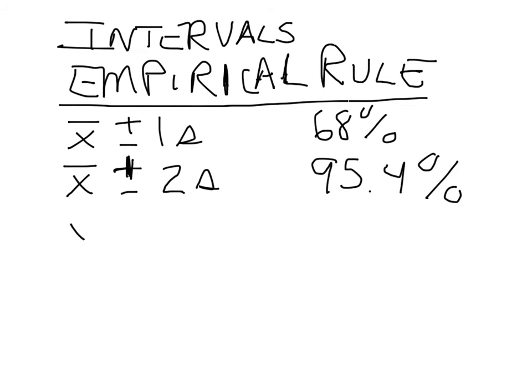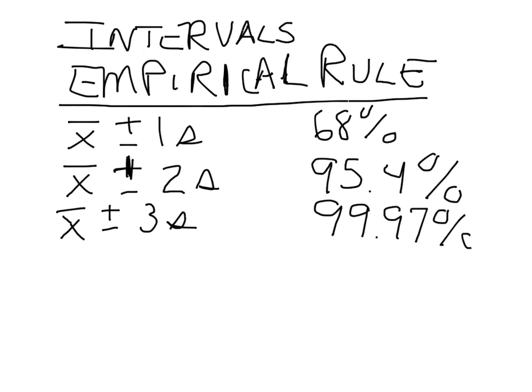And x bar plus or minus 3s, that's going to be about 99.97% of the data falls in there. Okay, now that's a guideline. We don't necessarily have to go by that, but it gives you an idea. If you set up these intervals and they are true, then the data set essentially will follow the bell curve or the normal curve.